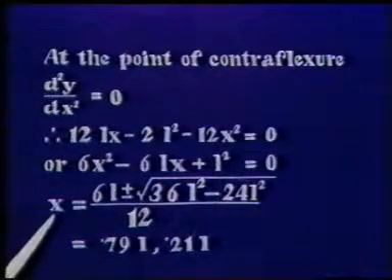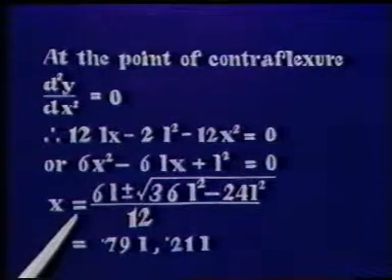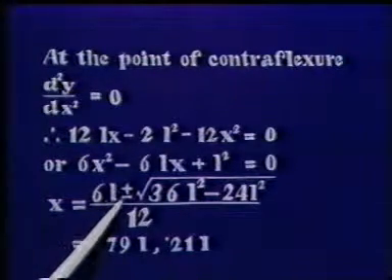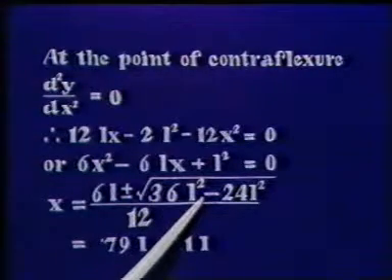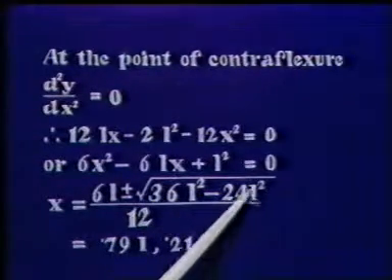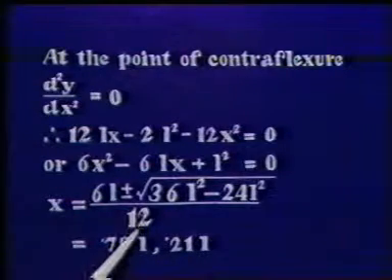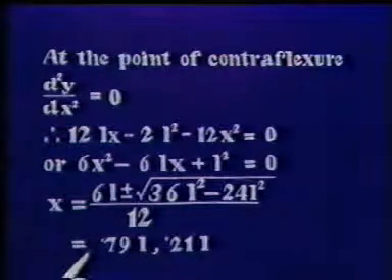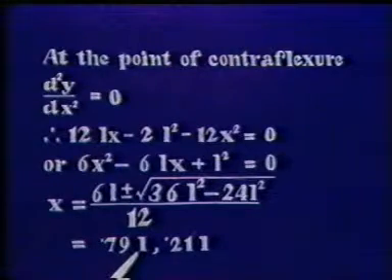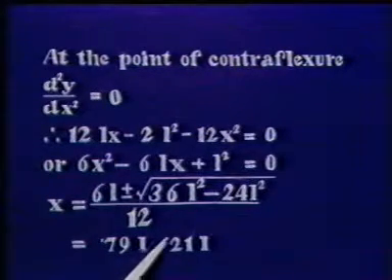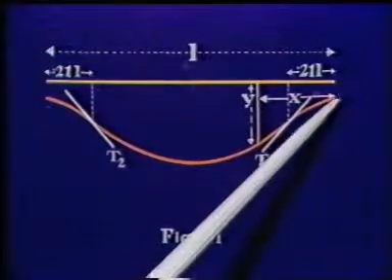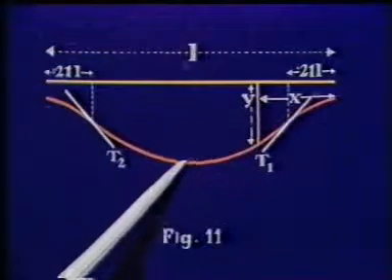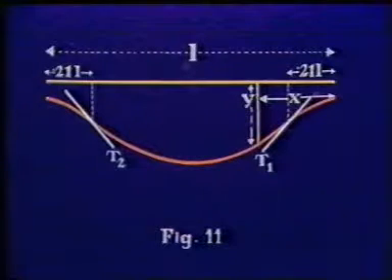Solving for x, x is equal to (6L ± √(36L² - 24L²))/12, which is equal to 0.79L and 0.21L.